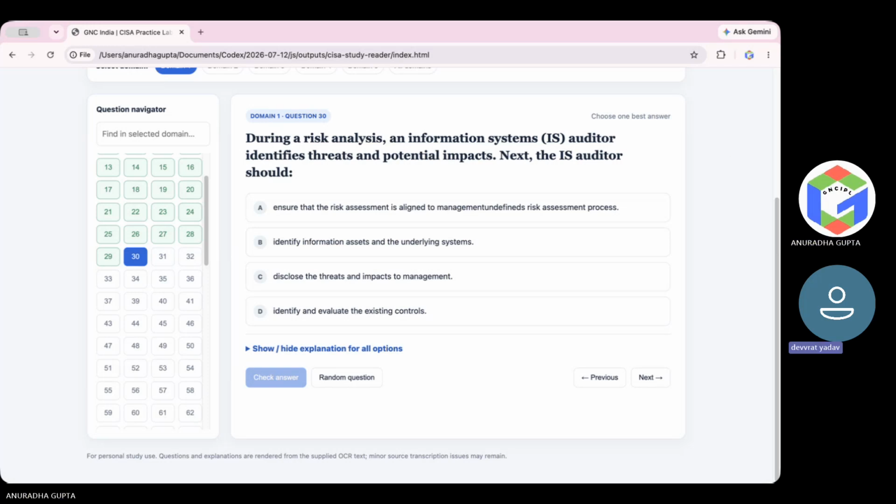Risk analysis. Threats and potential impacts. Applies artificial intelligence environment.